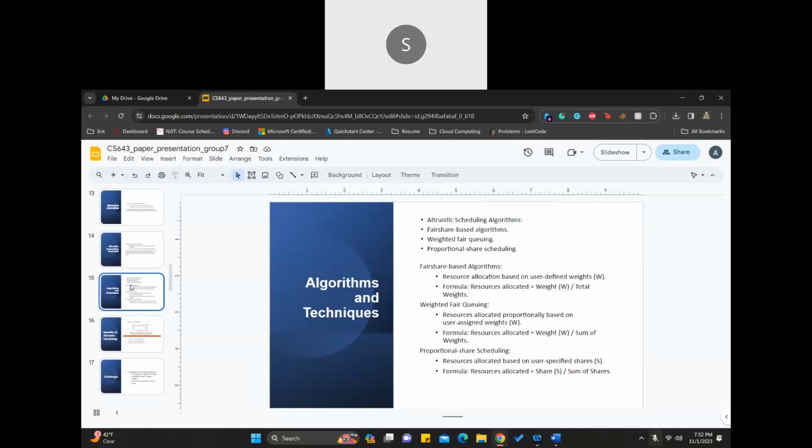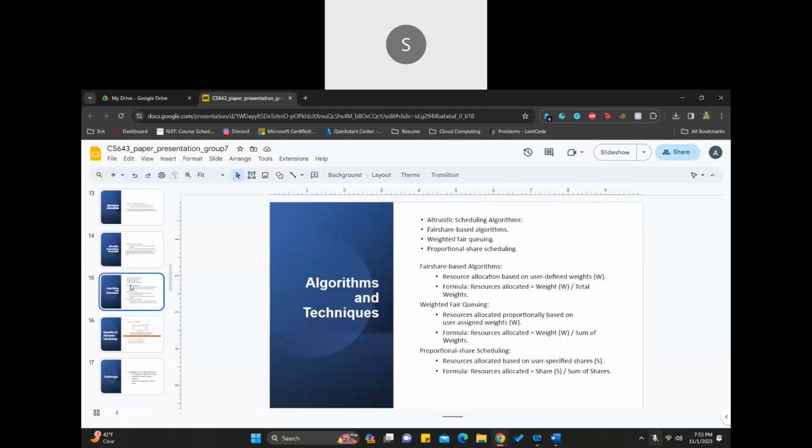And here, weighted fair queuing gives out resources in line with the importance set, compared to the total importance of all users. We have those formulas to calculate the different algorithms.